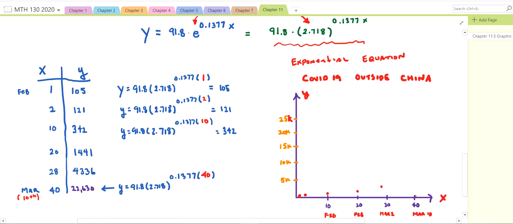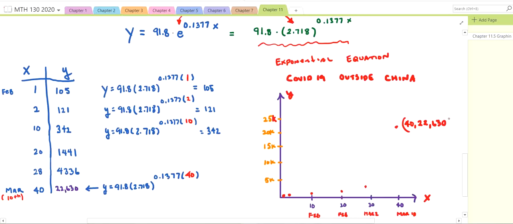And by the 40th, we have 22,000. And that's up here. 22,000. So this is the point 40, comma, 22,630. Scooch this over just a tad.